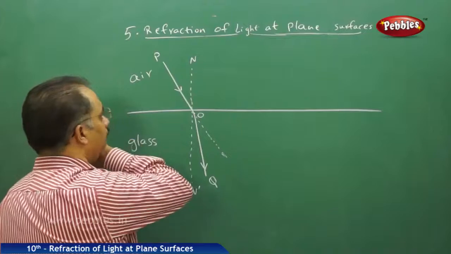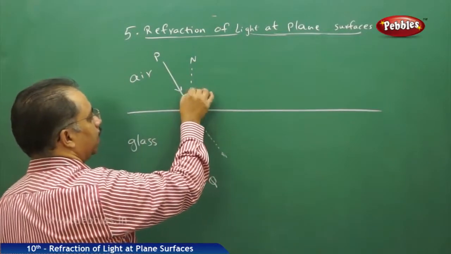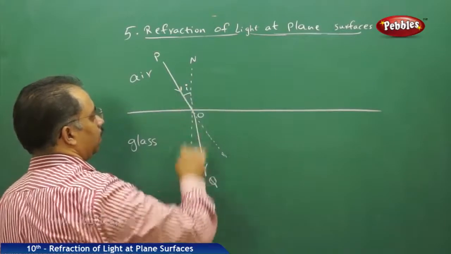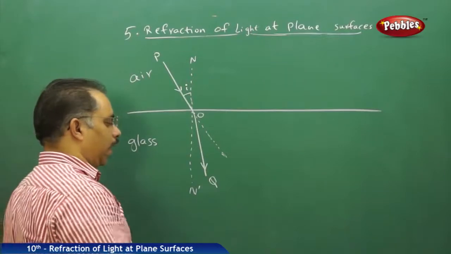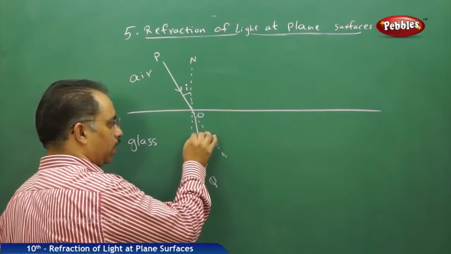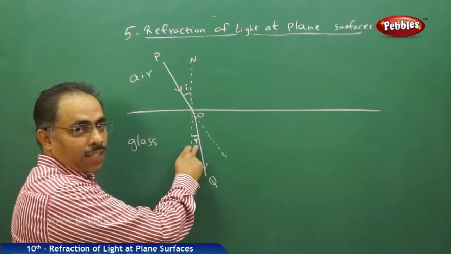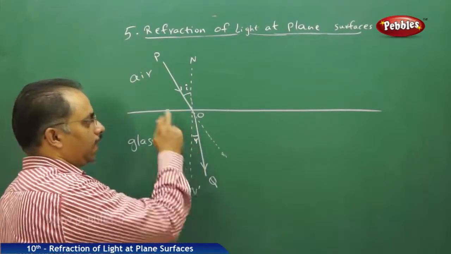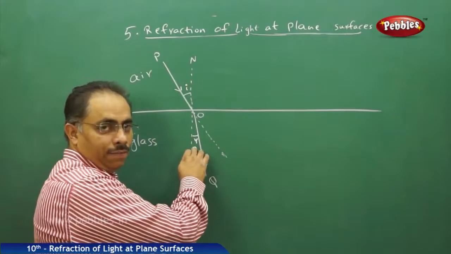So, the angle between PO and ON, this angle here, we will call the angle of incidence, whereas the angle between N dash OQ, this angle, we will call the angle of refraction. Unlike in reflection, we have here the angle of refraction.